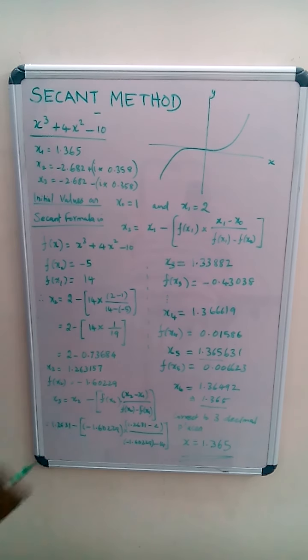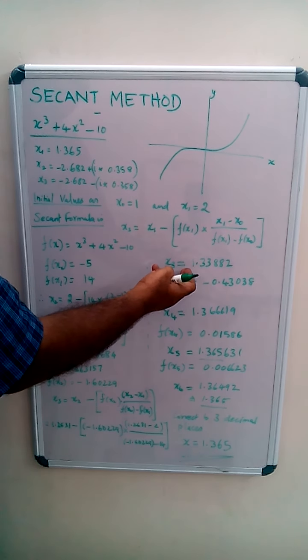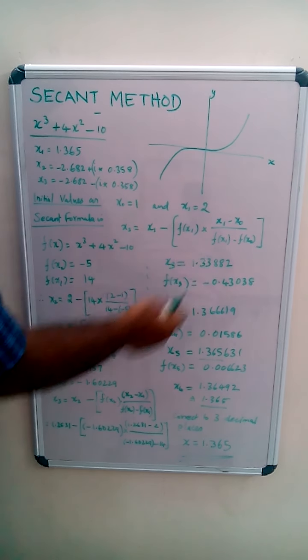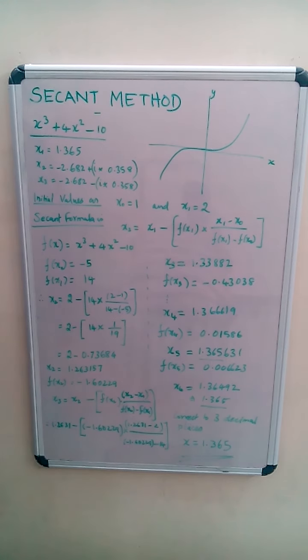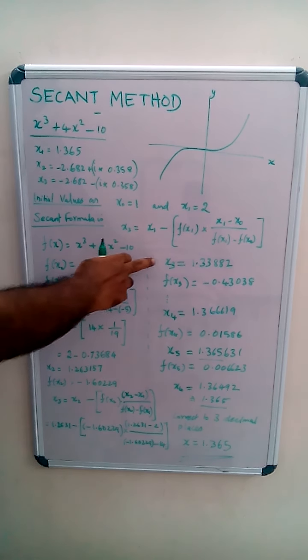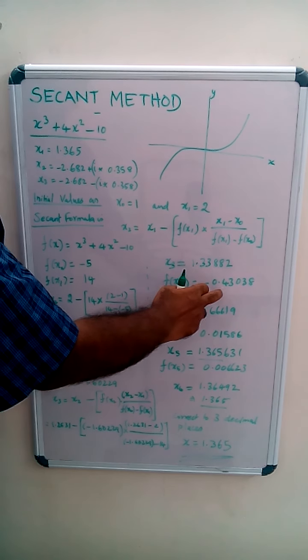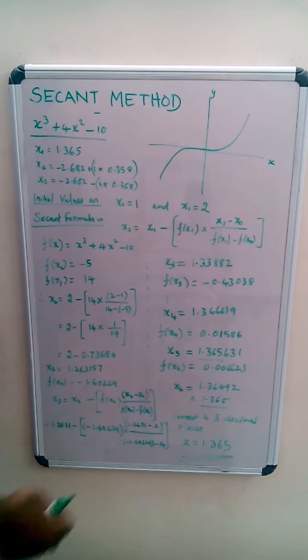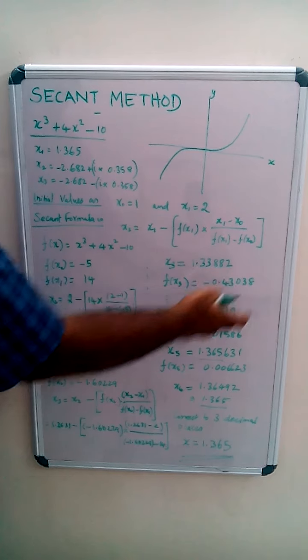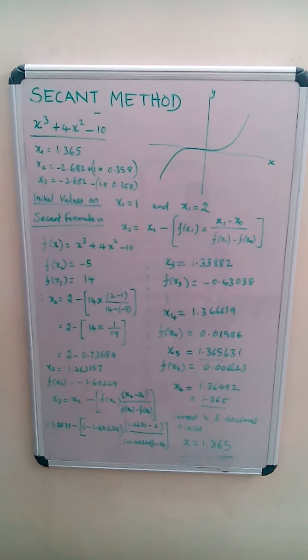If you substitute all these values, this results in the value of x3 as 1.33882, and the function value at x3 is minus 0.43038. So you can see that it is fast approaching the 0 value.